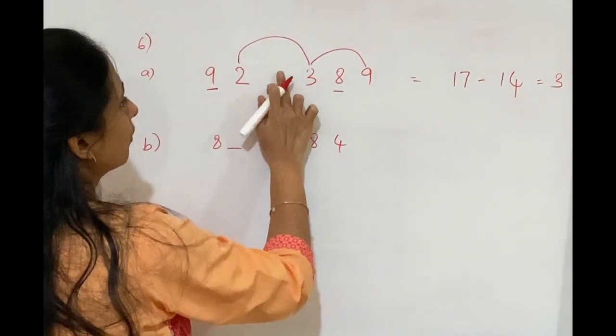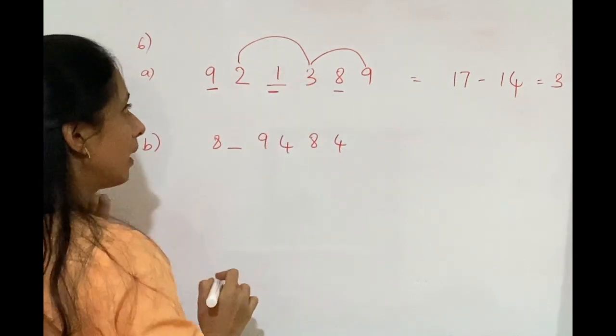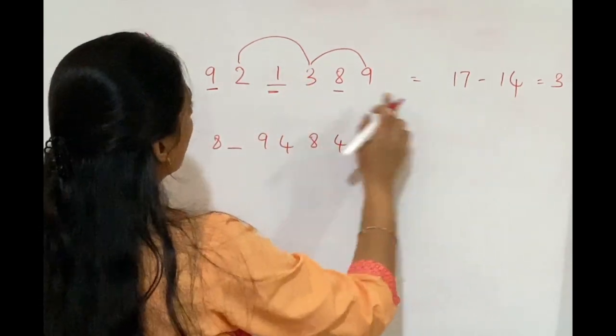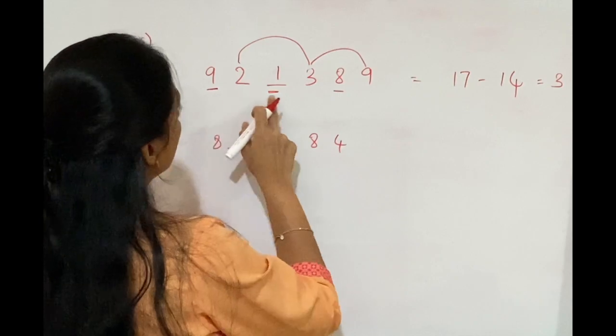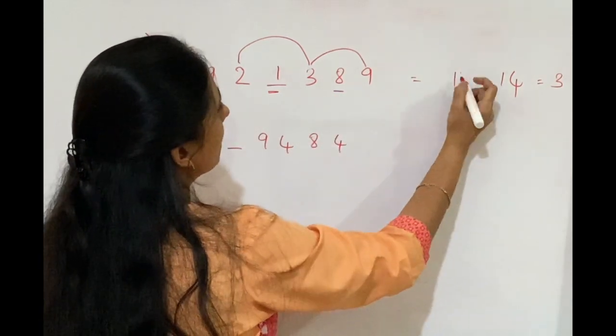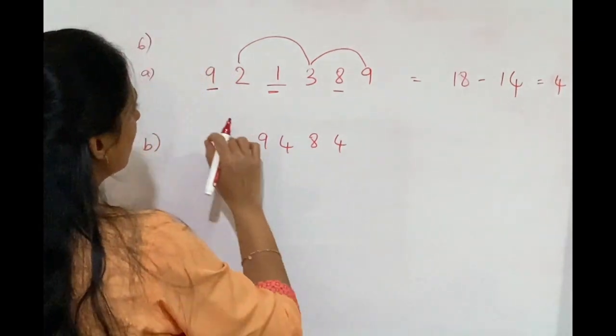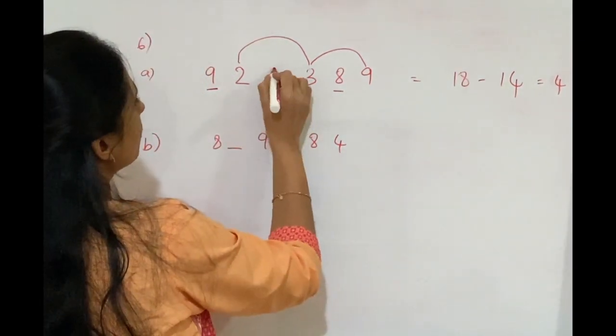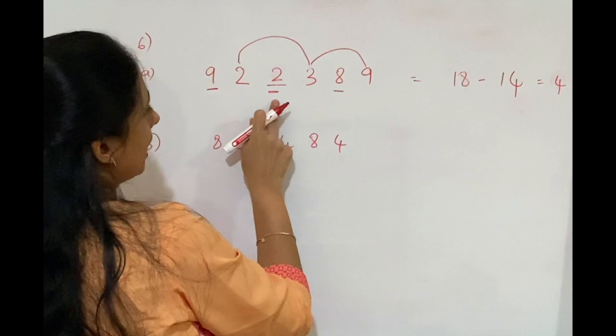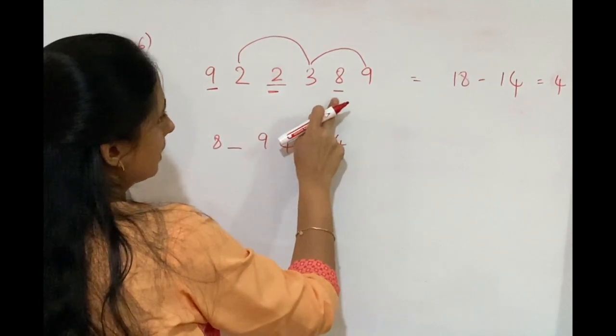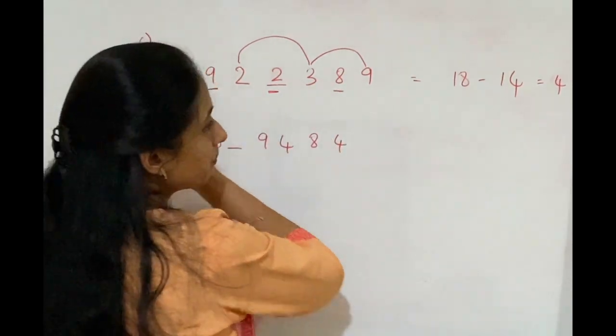Can we add 1 here? If I add 1 here, what will happen? This becomes 9 plus 1, 10, plus 8, this becomes 18. So this becomes 4. No, still not divisible. Can I add 2 here? What will happen? 9 plus 2 is 11. 11 plus 8 will become 19.